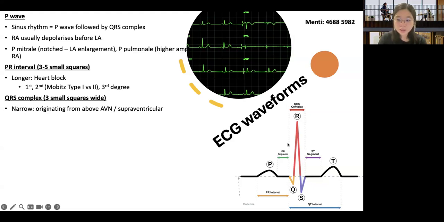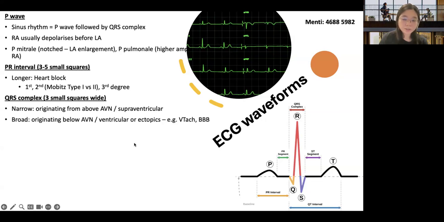QRS complex should usually be 3 small squares wide, and if there's any broadened QRS complex, you'll be thinking if the generation of the ventricular contraction has moved to below the AVN.